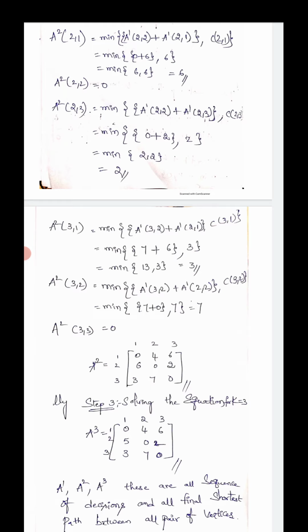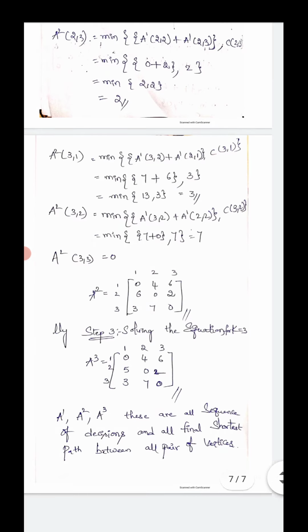Listen carefully to what I am saying here. Likewise, we calculate A power 1, A power 2, A power 3. These are all a sequence of decisions. In the dynamic programming concept, what is the main aim?